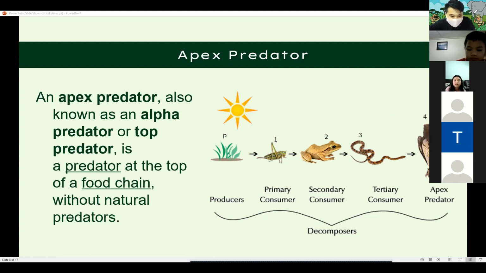Again, this is the apex predator, the head or the boss. It's like in the pyramid. You know pyramid? Yes, I know. Okay. So in the pyramid, at the bottom part are the, okay, I will draw, so it's easy for you to understand.